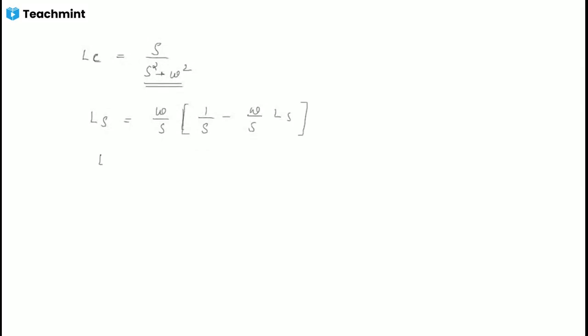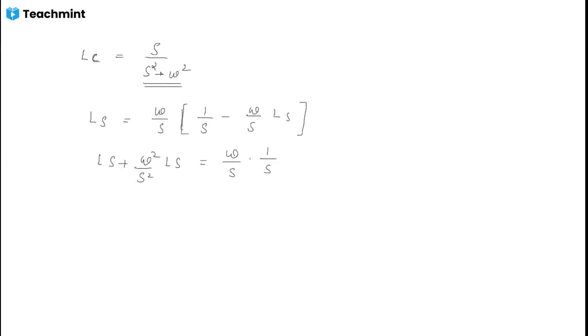Here also LS plus omega by S into omega, LS plus omega square by S square into LS equal to omega by S into 1 by S. So open the bracket, we get omega square by S square into LS equal to omega by S into 1 by S.